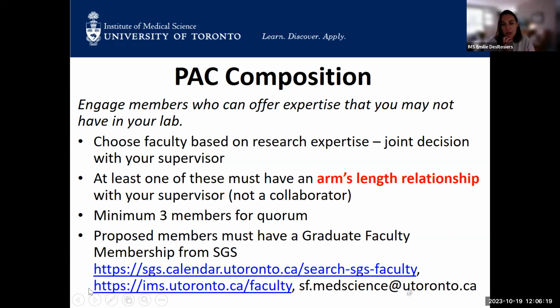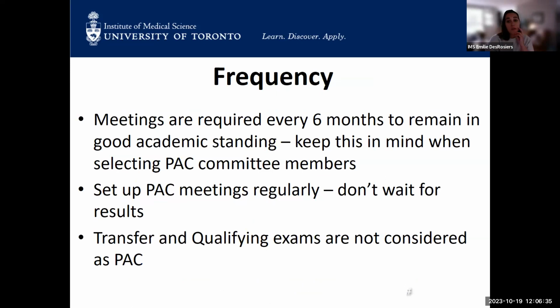Not all faculty members at U of T necessarily have a graduate faculty membership, so you need to check for them to be considered an official PAC member. They must also be a faculty member at U of T. They can't be a faculty member from another university.